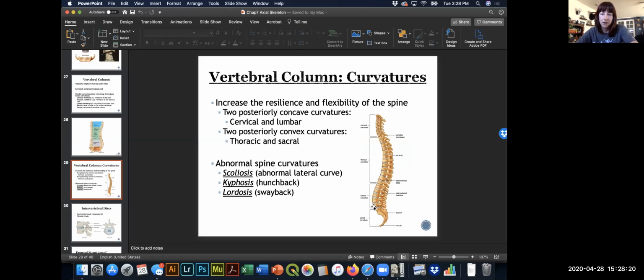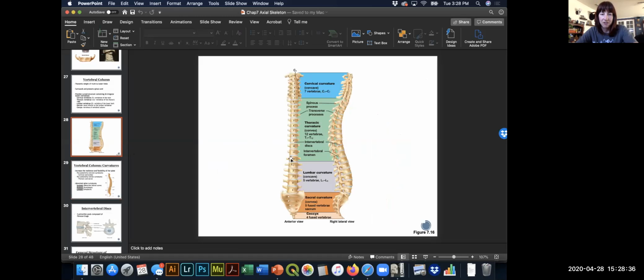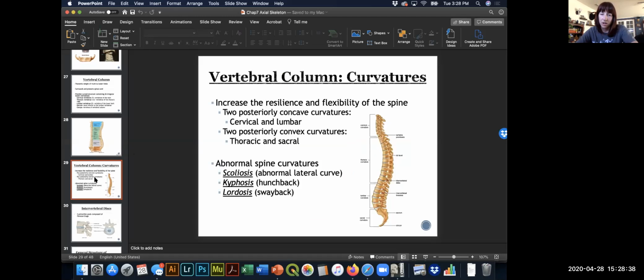Convex, or I guess depending on which way you're looking, right? Concave, convex, if you were looking at somebody from a posterior angle, looking at them from behind. This would be an anterior angle.